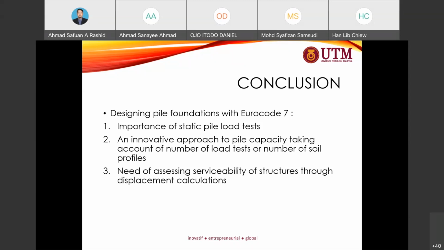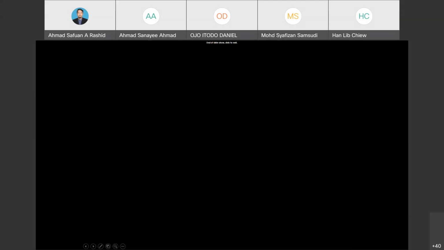However, for this subject, I will not include the settlement calculation for the pile. Most probably I will introduce it in the following semester. So that is for my slide presentation.